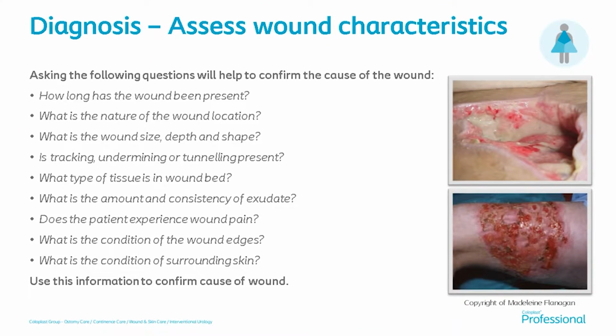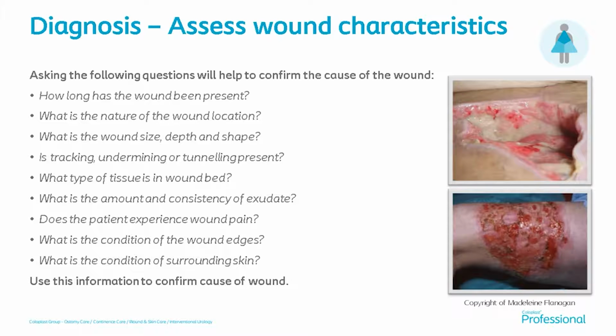So our diagnosis and wound characteristics, again, things that we need to look at. We can do that by asking the following questions as well as doing our physical examination. How long has the wound been present? What's the nature of the wound? What size is the wound and what depth is the wound? Is there tracking, undermining and tunnelling present? Are we seeing necrotic or devitalised tissue in the wound bed that we need to do something about?